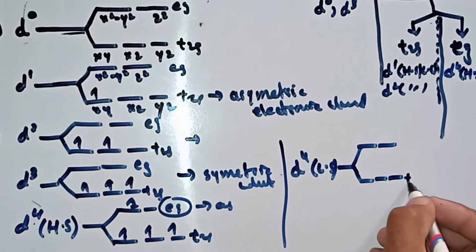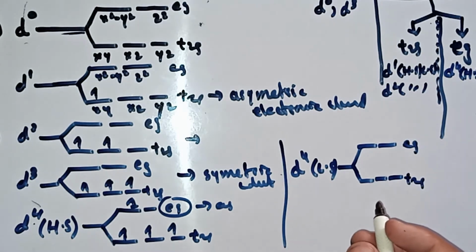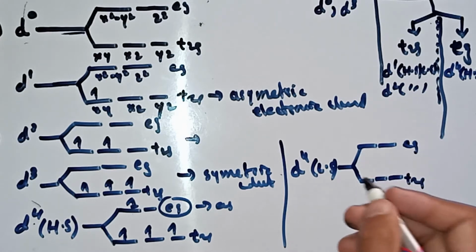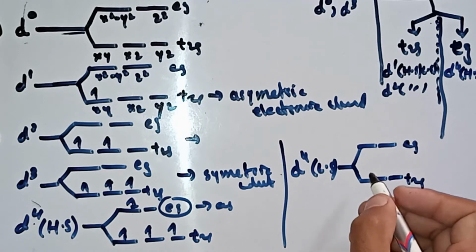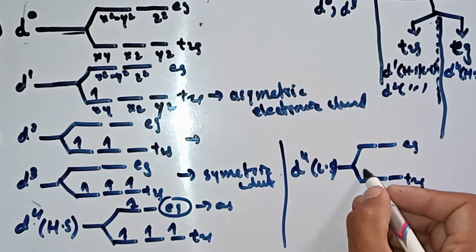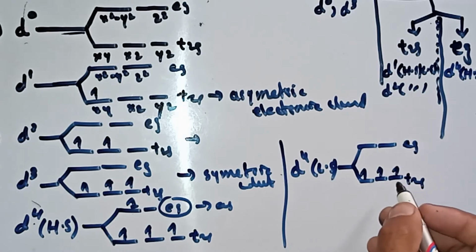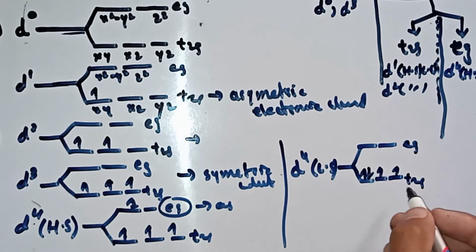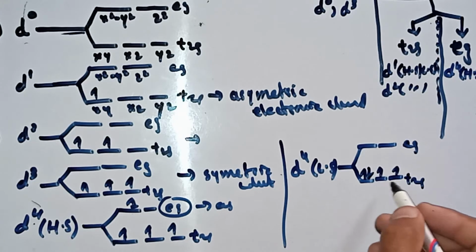In a low spin complex, pairing of electrons will occur against Hund's rule, because strong ligands are used. First all electrons go unpaired, and after that the fourth electron will be paired. So in t2g again there is an asymmetric electronic cloud, so t2g distortion will occur.